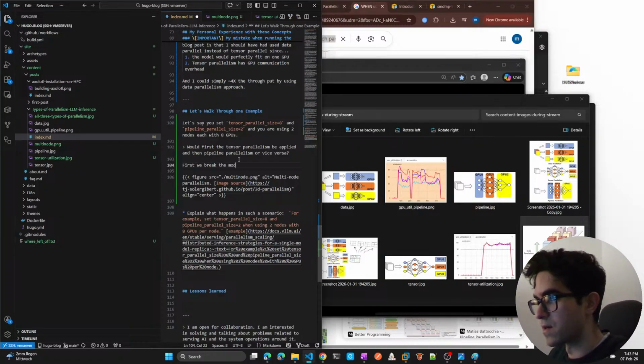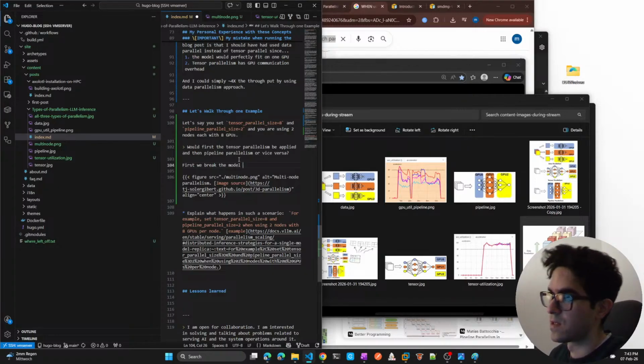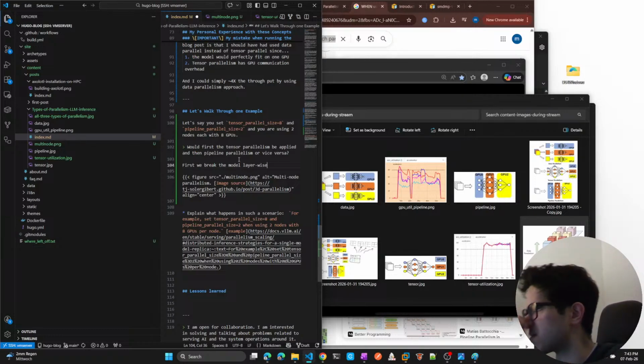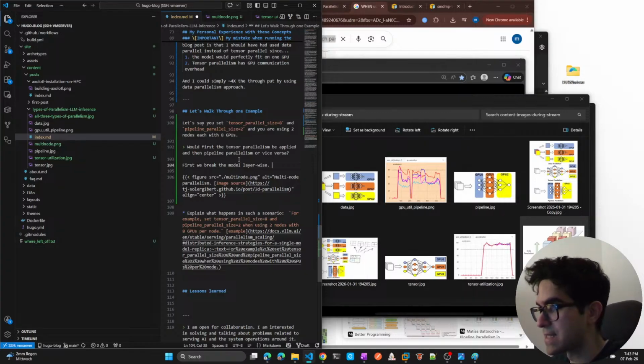First we break the model layer-wise. I'm not sure if it's the right term.